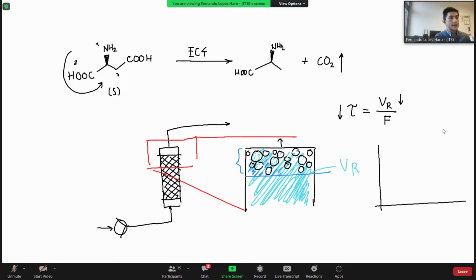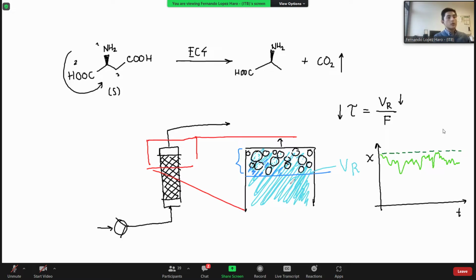So this would translate into, let me label my axis, always label your axis. Instead of seeing a consistent conversion throughout the operation of the plug flow reactor, what we would see is a fluctuation that would dip and would return to the standard, to the baseline.